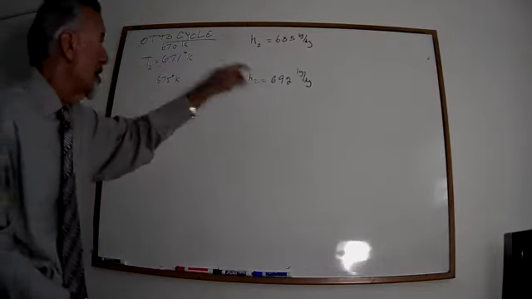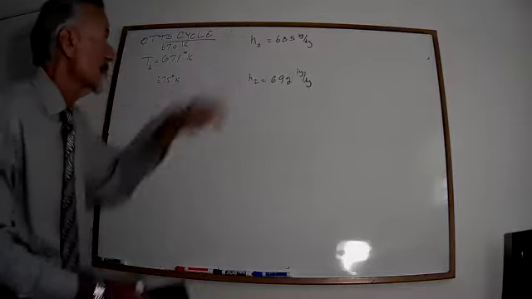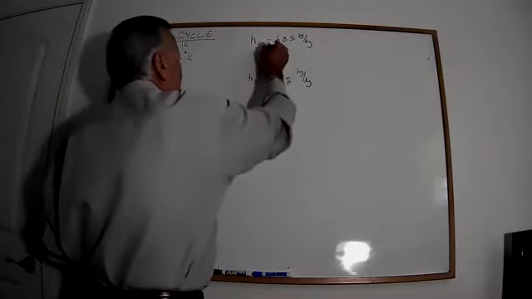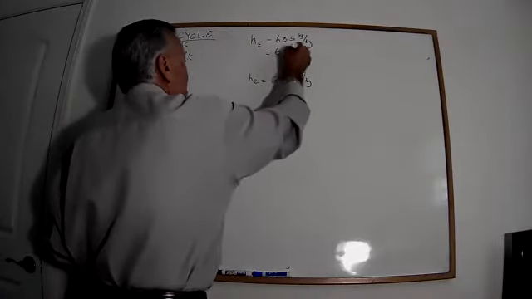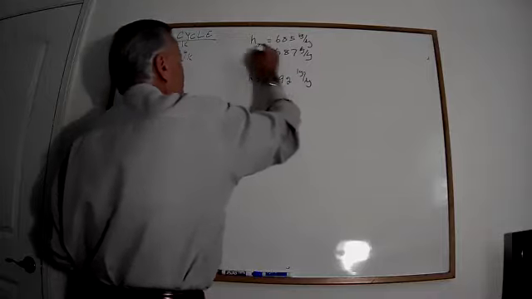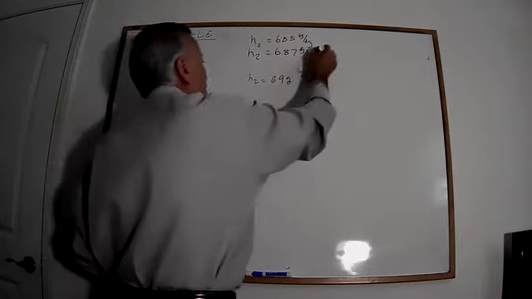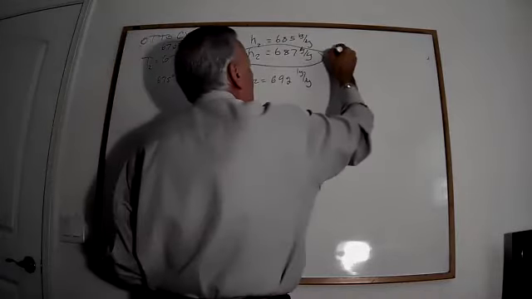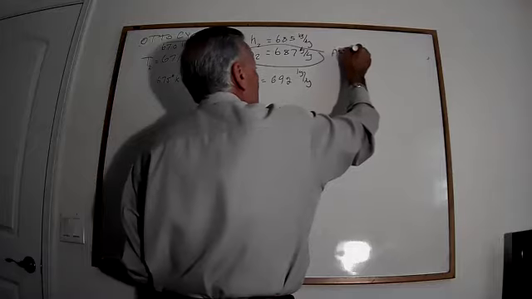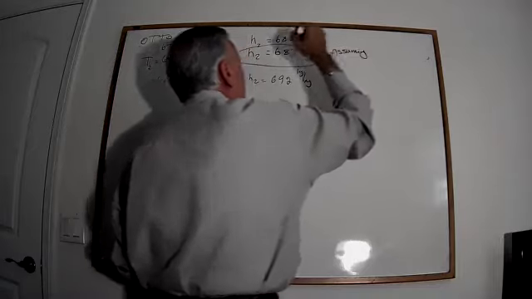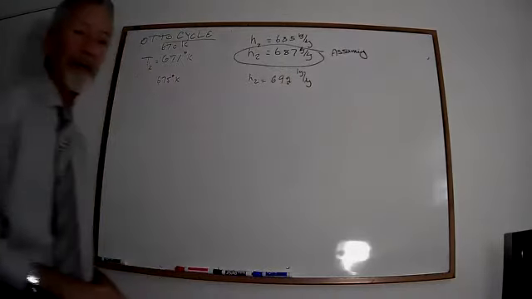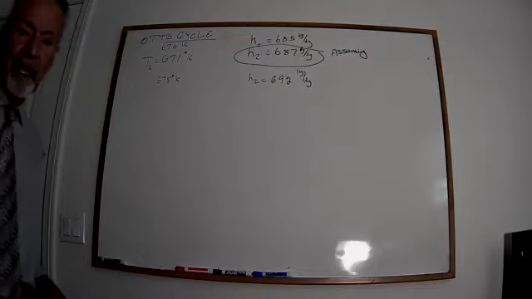So I make an assumption that this is going to be equal to 687 kilojoule per kilogram. And then I say, assuming H2 is equal to 687.